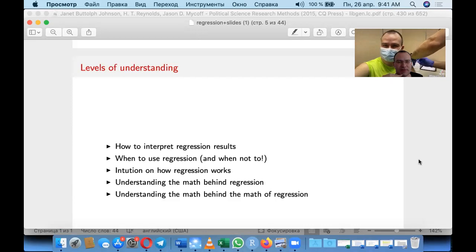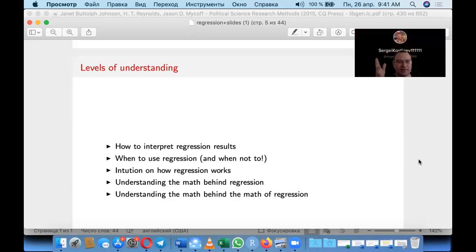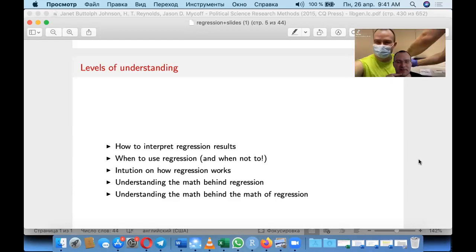So there are a bunch of different levels of understanding statistics. First, how to interpret the results. You do something in SPSS or R, you get something like, what the hell am I doing with this, right? So this is the very first level. Then the next level, you're making a decision whether to use a regression and what kind of regression.